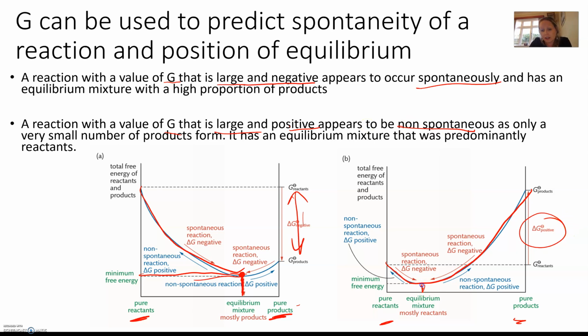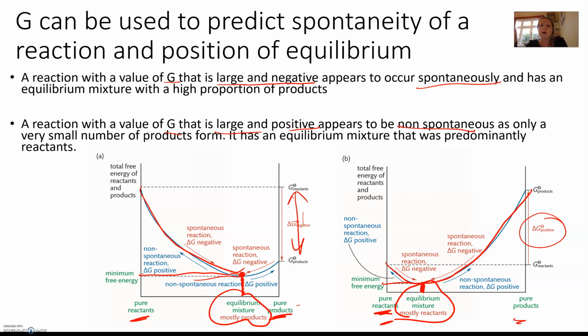And if you look here, the equilibrium mixture of this one, the point where you have the lowest free energy, you can see that it's mostly reactants in the equilibrium mixture compared to mostly products. So this is what we can actually use now in our answers. We've got two things that we previously knew, which was that if you have a negative G, a reaction is spontaneous.